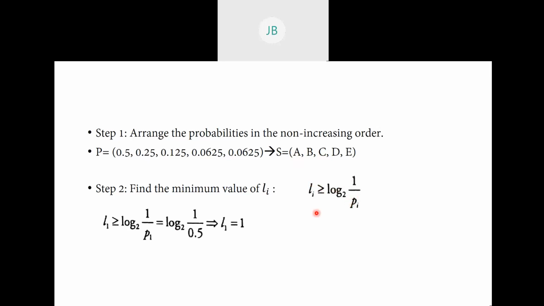So Li must be greater than or equal to log of 1 by probability. So that's equal to log of 1 by 0.5. So this value should be greater than or equal to whatever value you get on the right hand side. So this should be nearly equal to 1 when you compute this. Similarly, you can find the value for B, that's for the second symbol, using the probability value of 0.25.